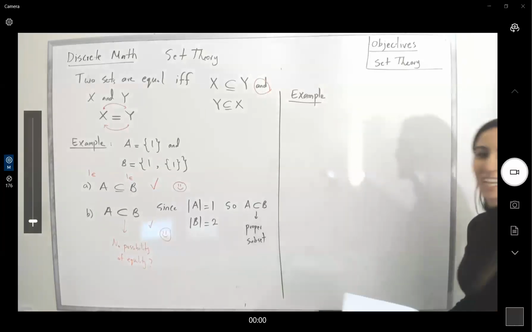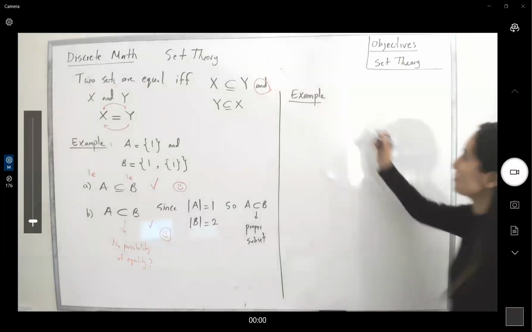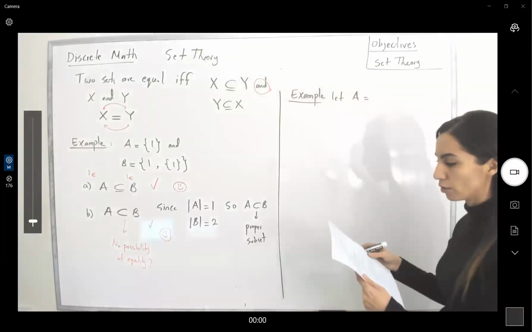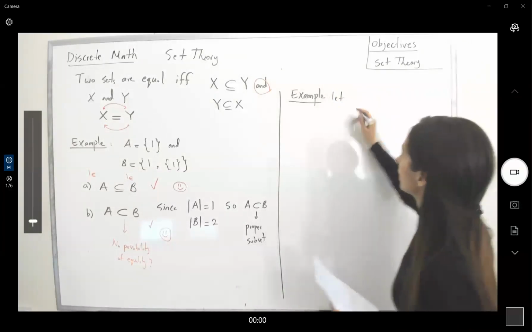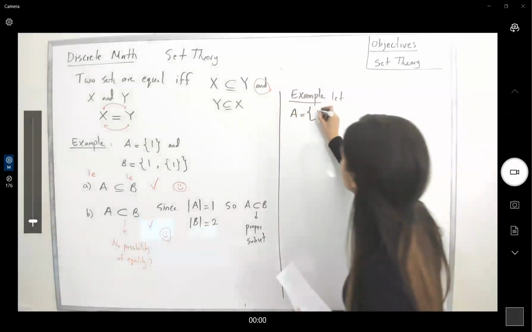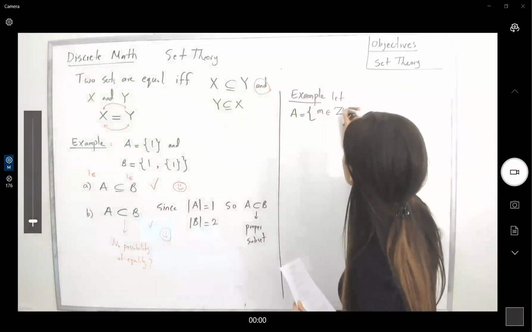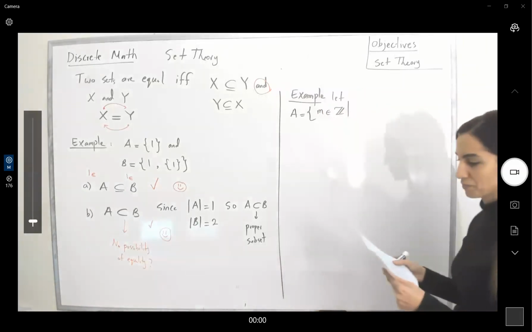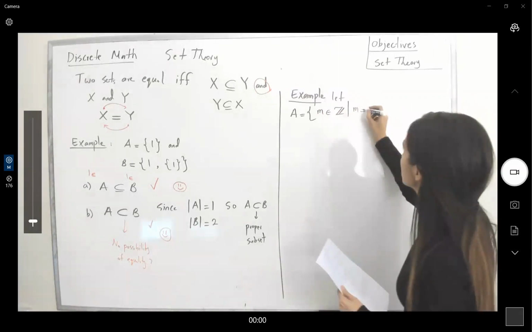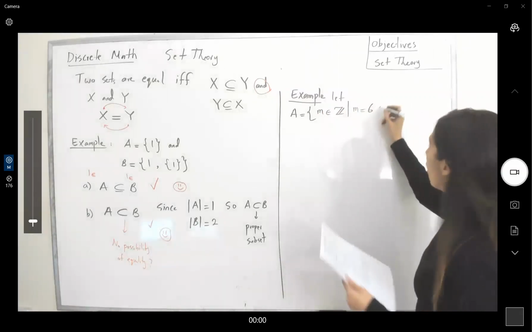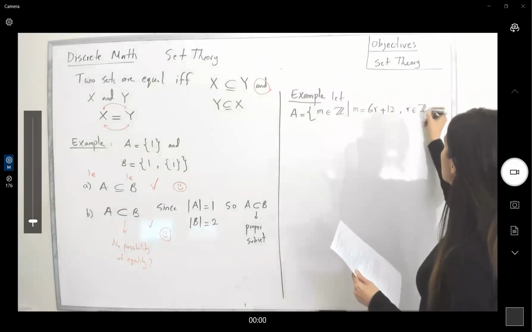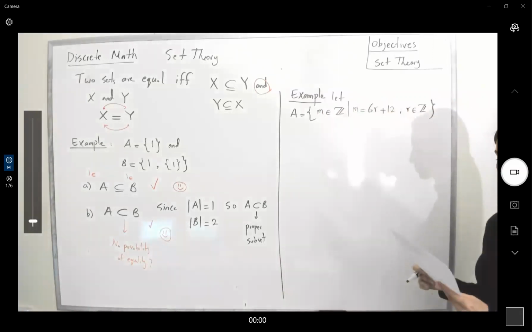Suppose you have two sets defined this way. Let A be the set of all integers M belonging to Z such that M can be written as 6 times R plus 12, and R is an integer.